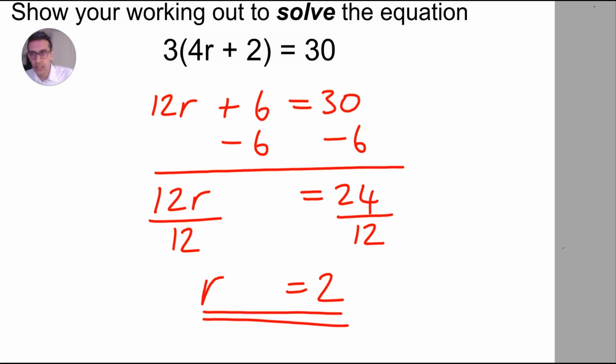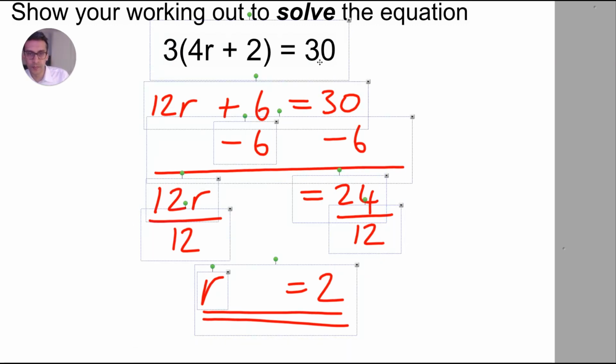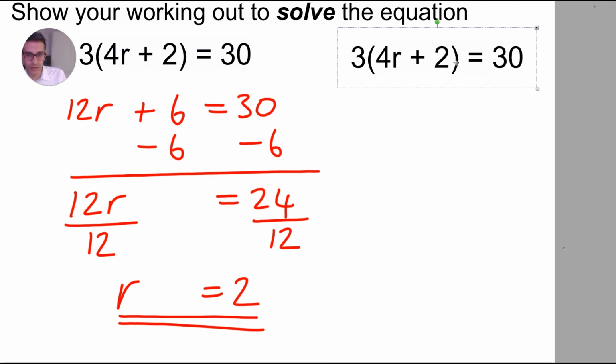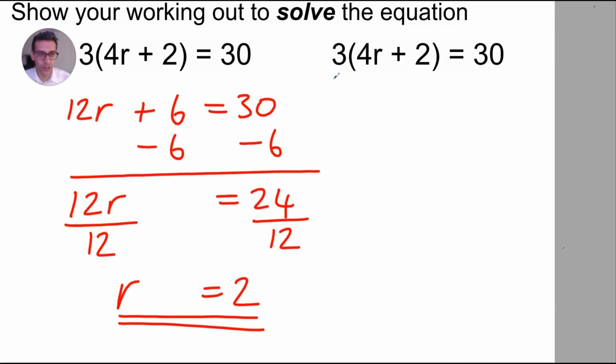Okay, so this is the first way to solve this equation. Have a go to see if you can do this in another way, perhaps by dividing by 3 first, and then I'm going to show you how to do that. All right, so if we wanted to divide by 3 first, this would have been the method. So we can see we are going to get divide by 3, divide by 3.